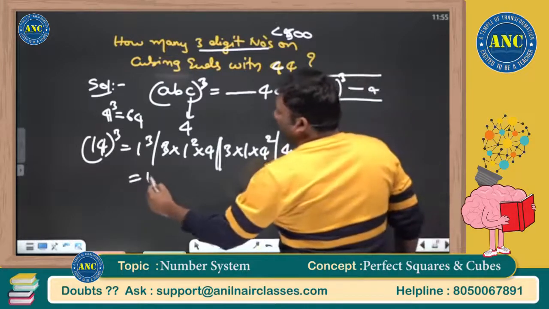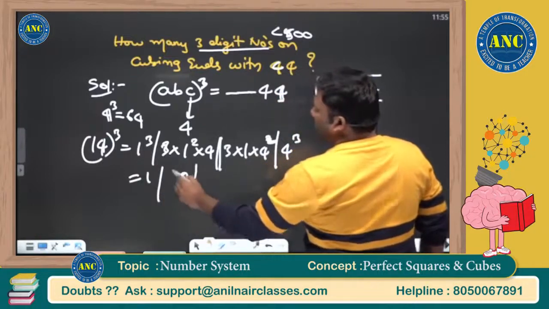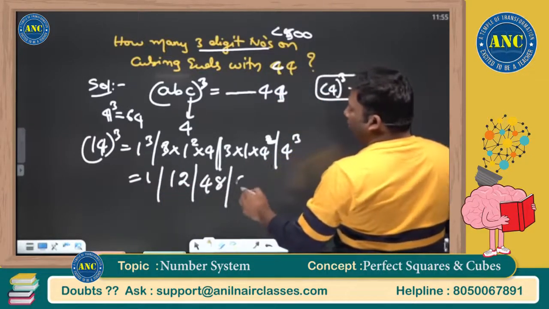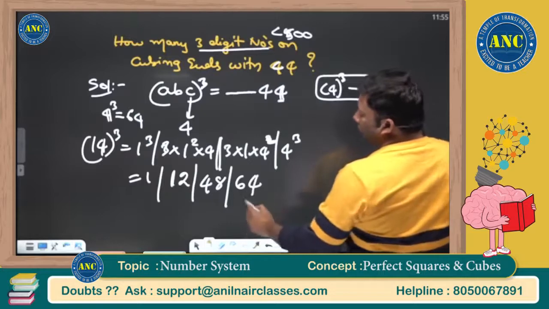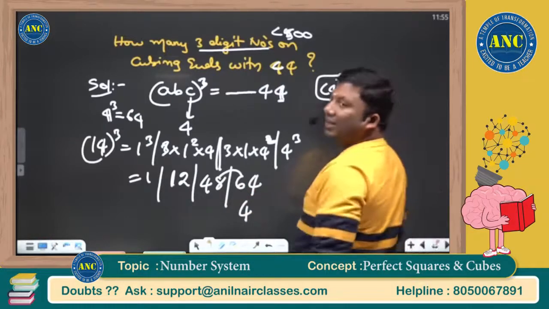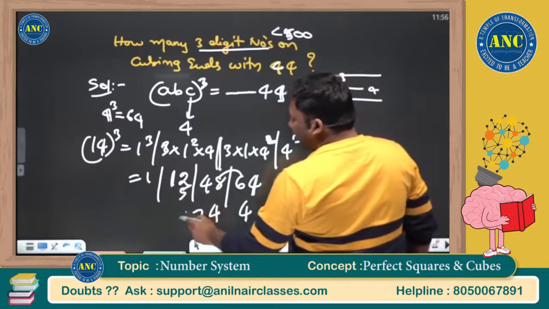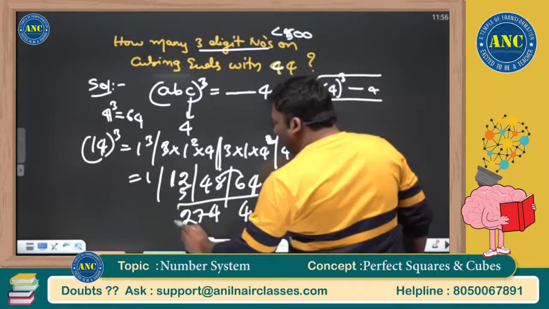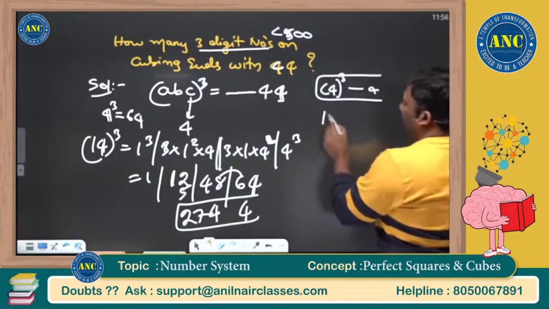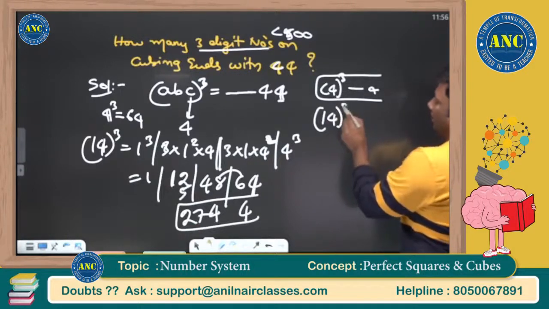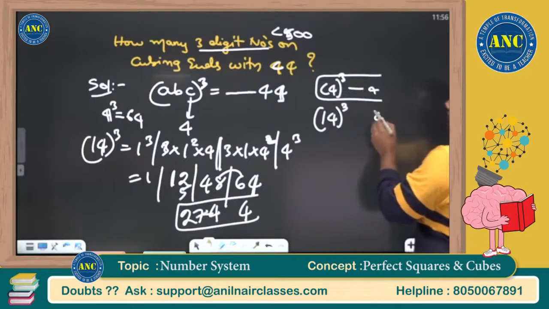These 4s are 12, 16, 3s are 48, 4 cube is 64, 4, 6 carried, 48 plus 6, 54, 5 carried, 17, 2, 7, 4, 4. I got 44 at the end. So 14 cube I will get, 14 plus 50, 64 cube I will get.